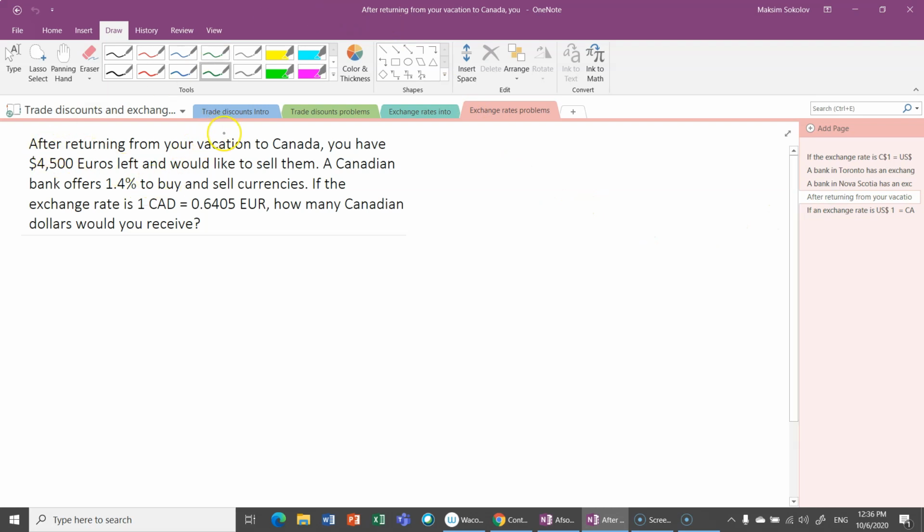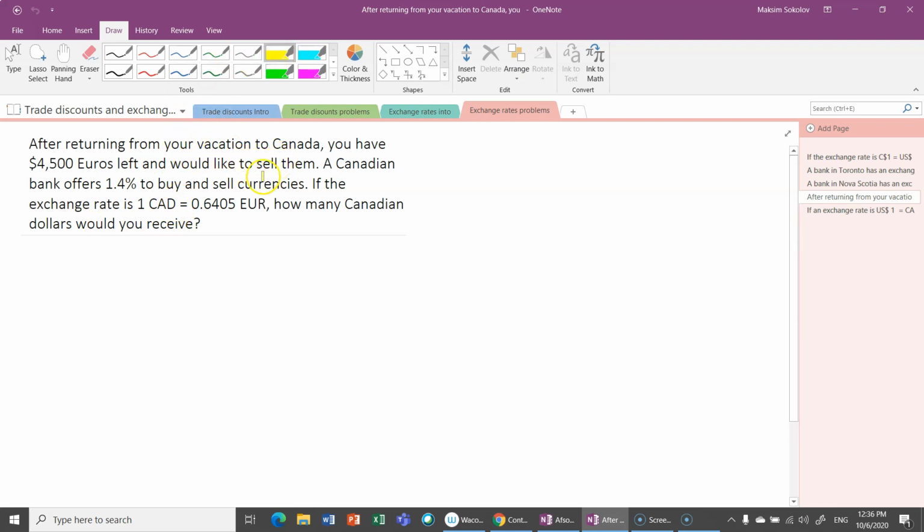After returning from your vacation into Canada, you have 4,500 euros left and would like to sell them. A Canadian bank offers 1.5% commission to buy or sell currencies. If the exchange rate is 1 Canadian dollar to 0.6405 euro, how many Canadian dollars would you receive? Okay. Again, let's see.